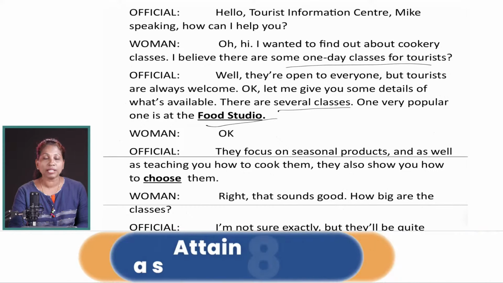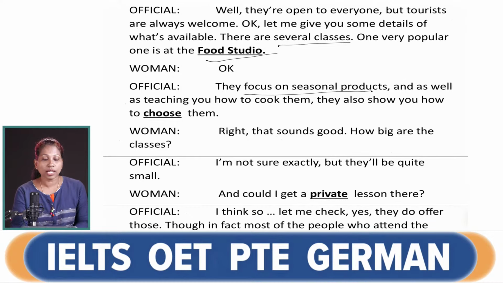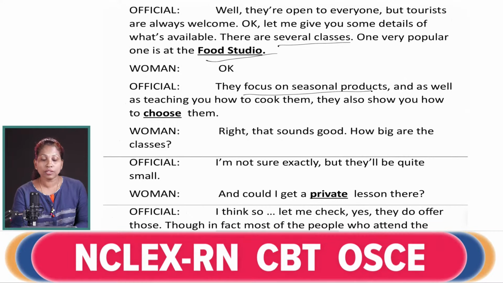Okay, then we are looking for the focus, which is already partly given: cook with seasonal products, but along with that what? There's a conjunction, and. The official says, "They focus on seasonal products, as well as teaching you how to cook them." These are the focus and aims.